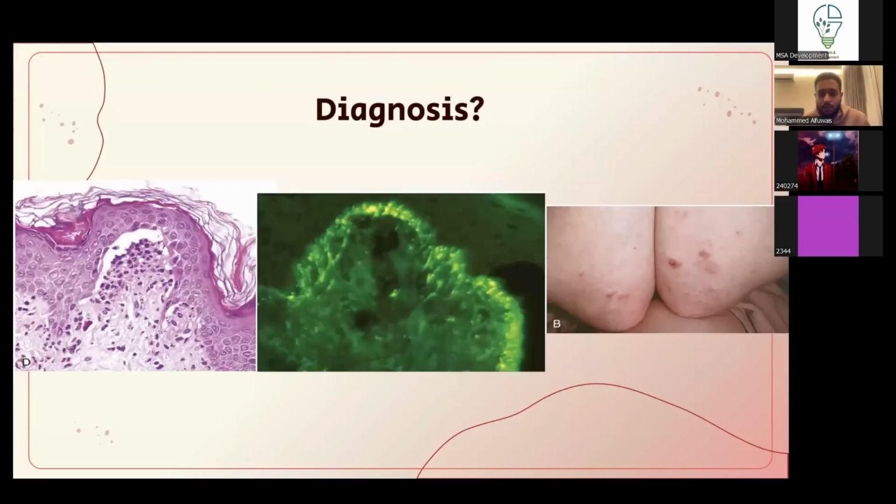What is causing dermatitis herpetiformis is IgA, not IgG, affecting the dermal epidermal junction. IgA deposition at the tips of the dermal papilla. Because a common question is how can I differentiate this versus bullous pemphigoid?